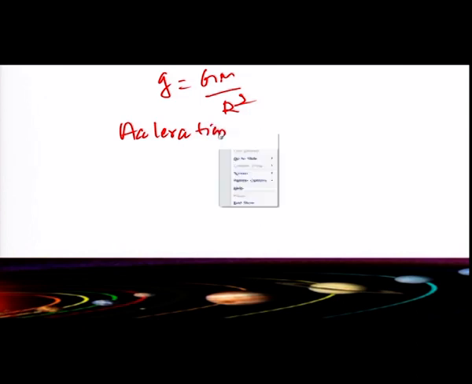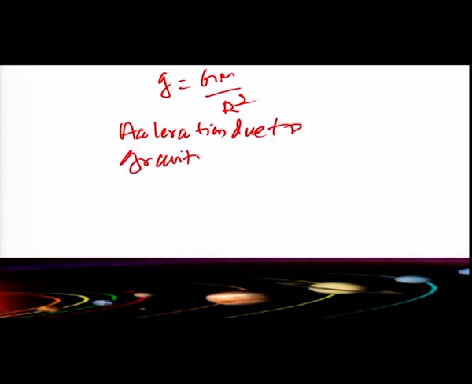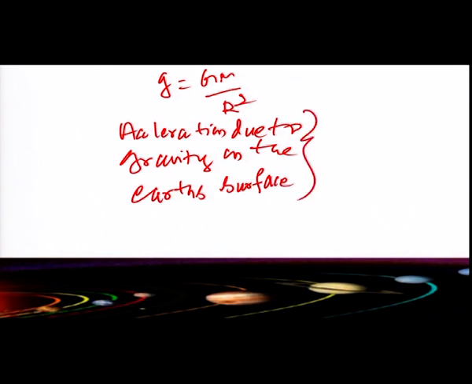The acceleration due to gravity on the earth's surface is g = GM/R². I repeat, the acceleration due to gravity on the earth's surface is g.